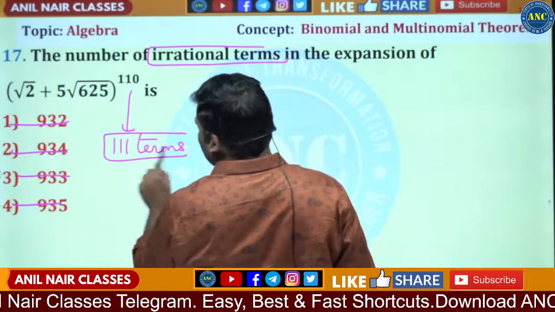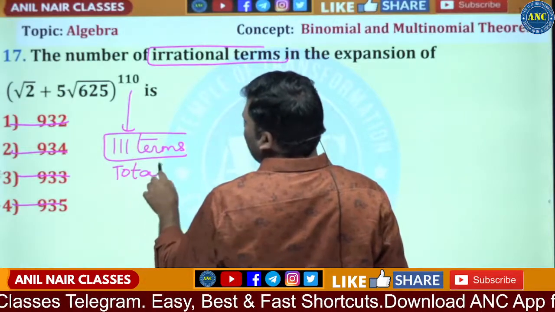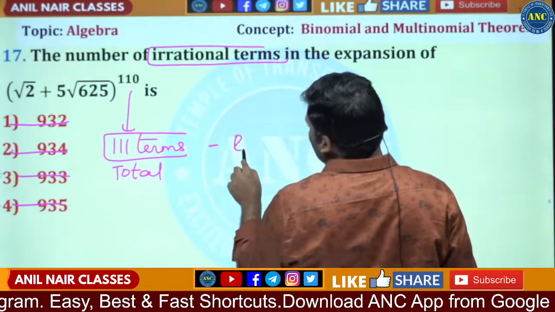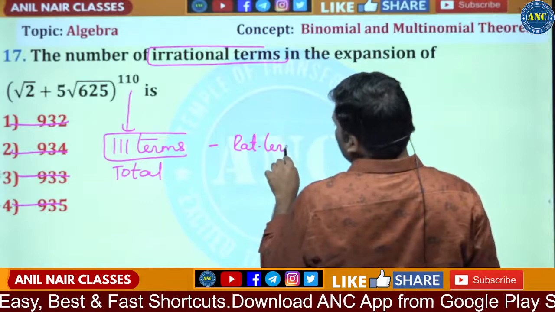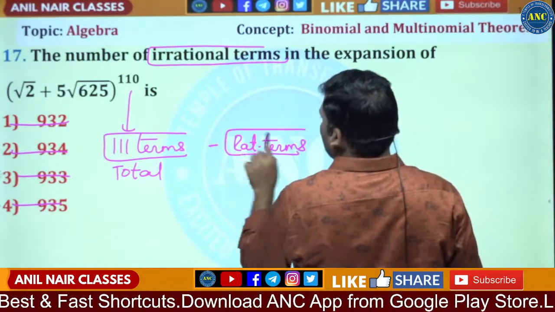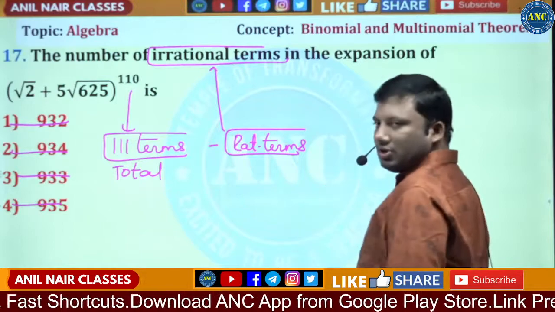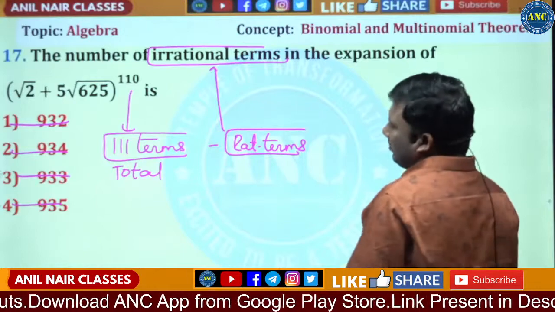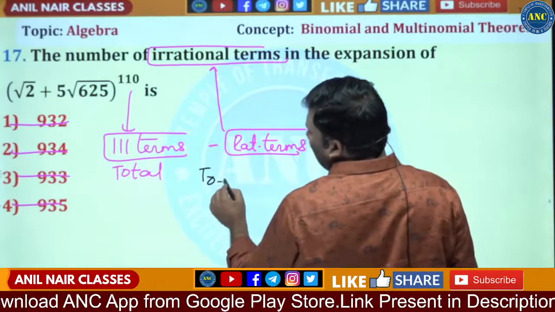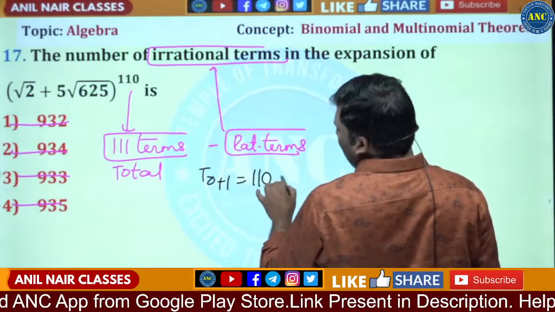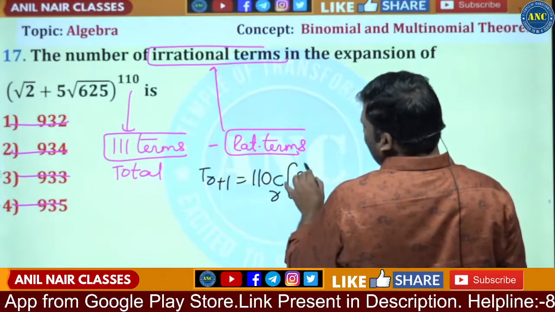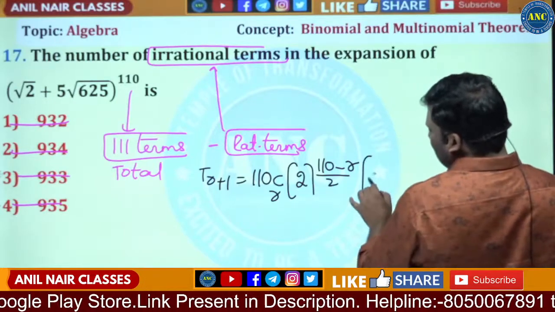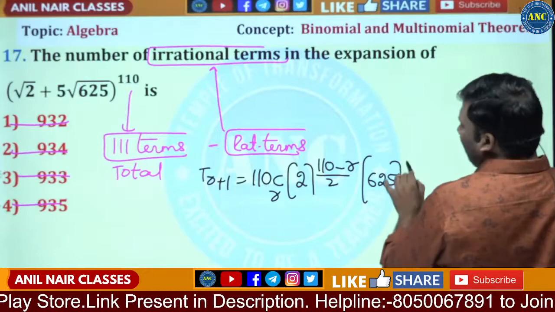Total terms minus rational terms will give you irrational terms. So the rational terms will be T(r+1) equivalent to 110 C r, 2 power (110 minus r) by 2, 625 power r by 5.